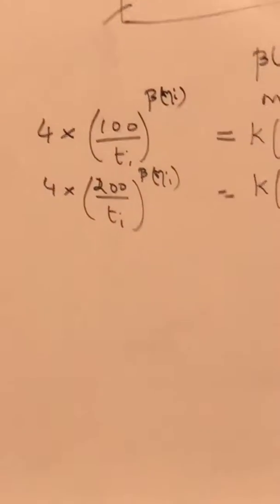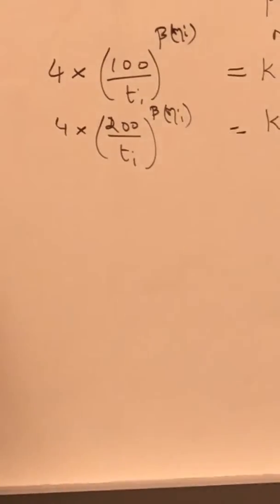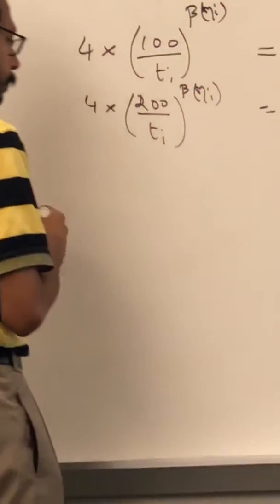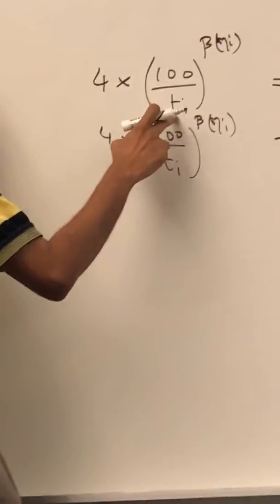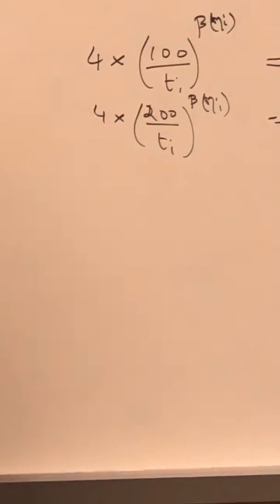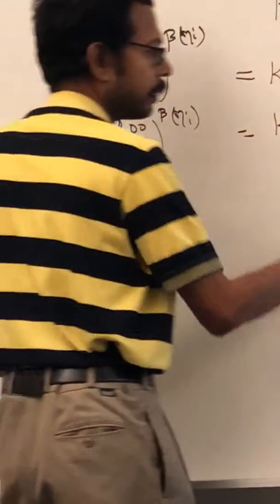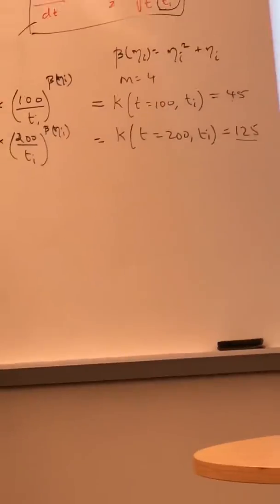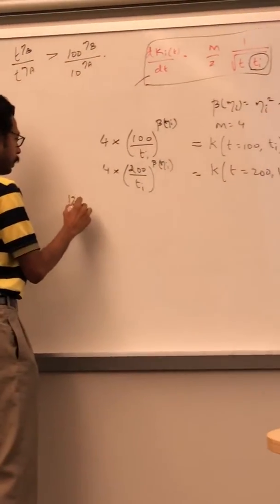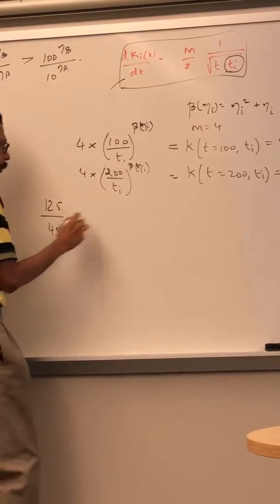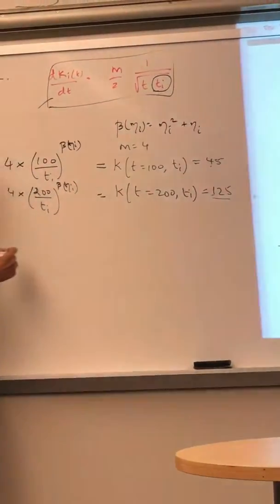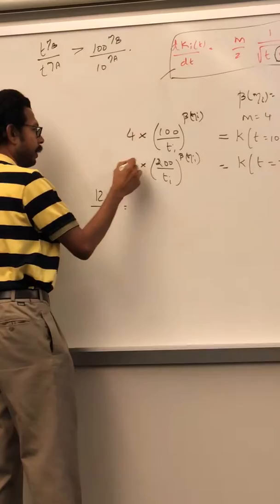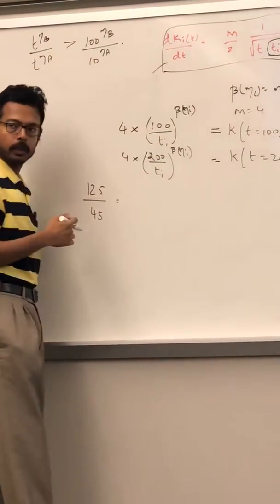So what can we do? We can try to get rid of this Ti. Let us divide the second equation by the first equation. So 125 divided by 45. Now on this side, if you divide, the 4 will cancel out.